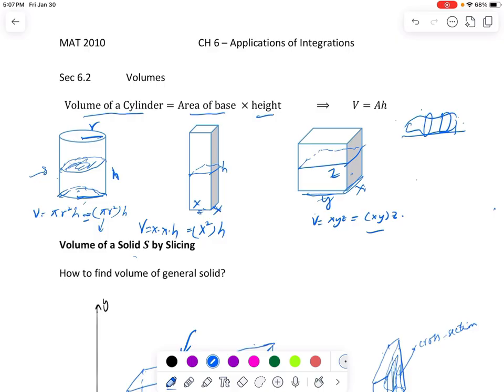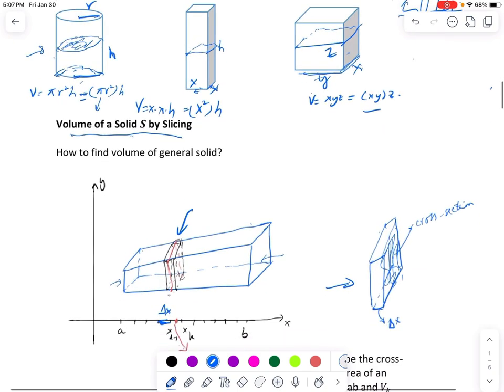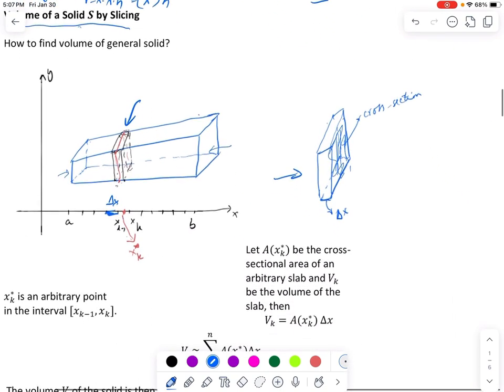So we can say: volume of a solid by slicing. This is not a box actually, but a shape where this portion is smaller than the portion on the right, because this is a slanted line. So how do we do this?